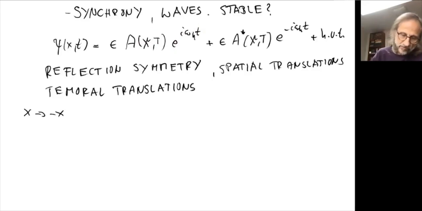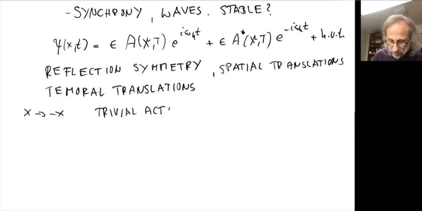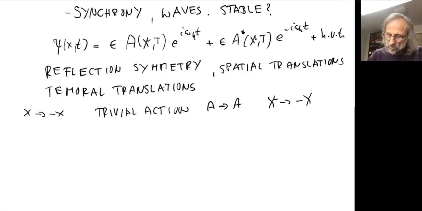So it's actually a trivial action for A. Then we simply have A going to A. The only thing we conclude is that the slow variable should also flip sign. And so if the original system is spatial reflection symmetric, that reduced equation that we will get should also be even in space reflections.